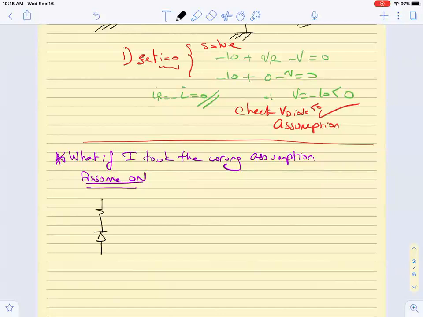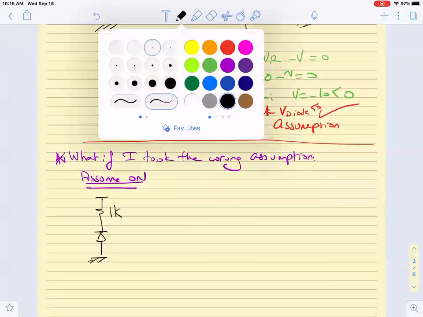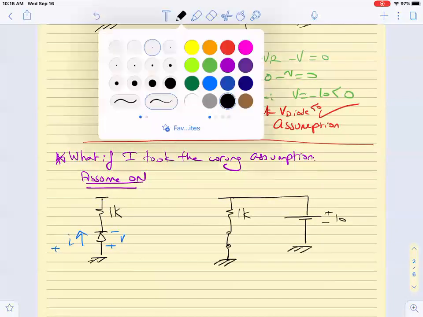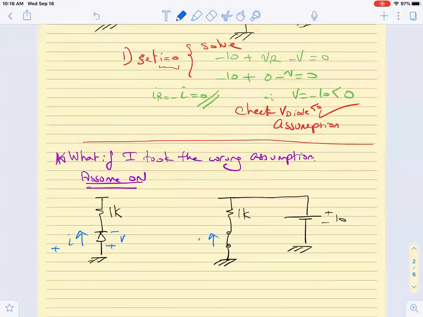This is opposing, so the main thing, don't make this mistake: keep the I direction, and this is the plus or minus V of the diode. Now if I draw the equivalent circuit with the assumption on, I will have a 1K here, this is the minus 10, this is grounded, and then I will have a short here. The direction of I is upward, like we drew it before, and this will be plus or minus V.